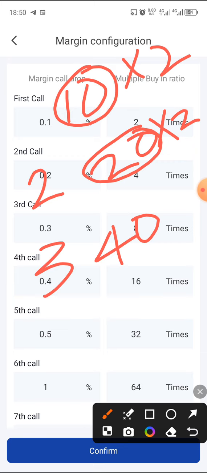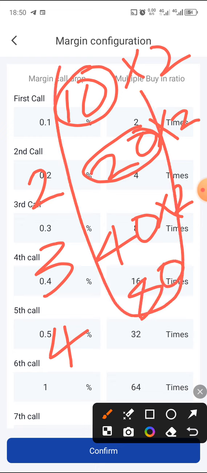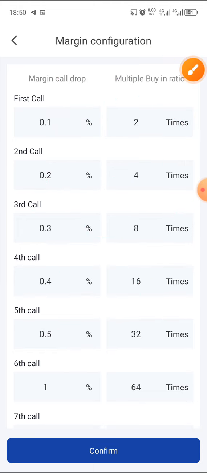It will be a continuation like this. So the first margin call will be the third margin call times 2, giving you 80. Okay, so this is what we call the double up method.